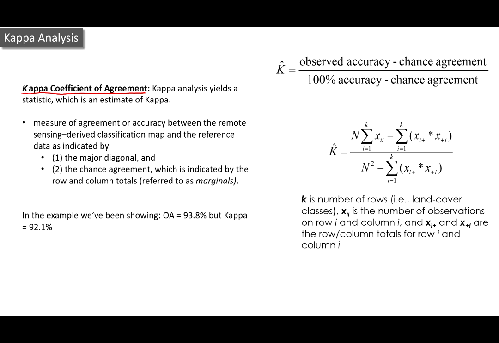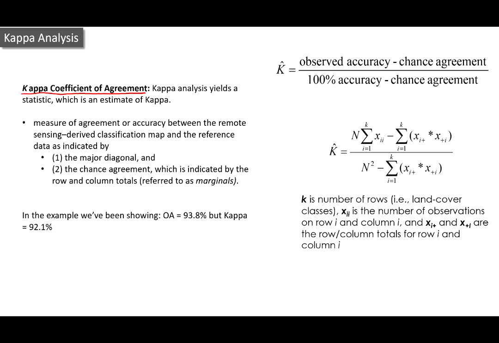If you are just classifying forest versus water, you should be able to get 50% accuracy just by flipping a coin and assigning each pixel to forest or water, because there's only two classes.